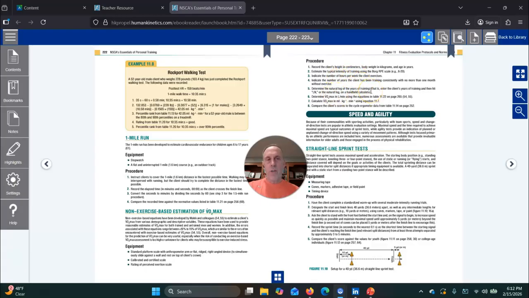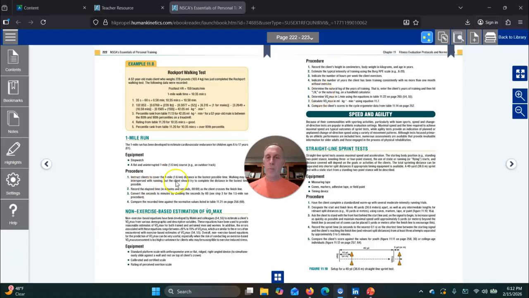From that information, you can come up with the person's VO2 max. And I would say that's good to a point, right? You have to actually put some load into the system to get a response out of the system, to see just how effective or efficient the body is at transferring oxygen to the blood and the CO2 out.